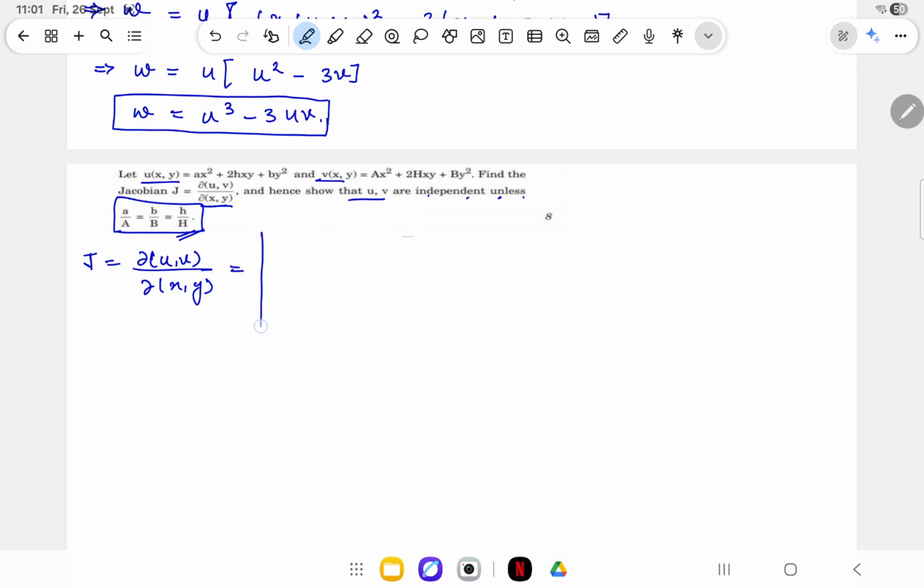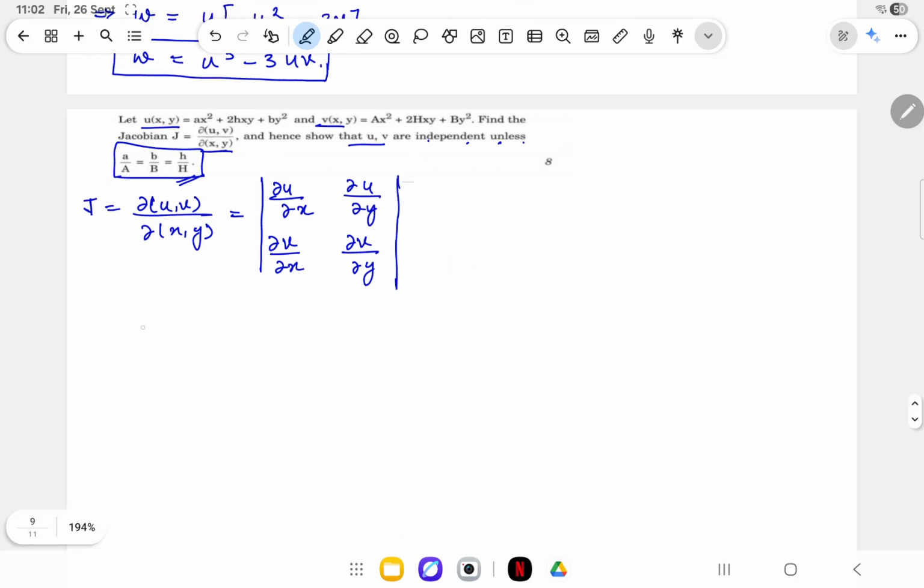So it will be del u by del x and del u by del y, del v by del x and del v by del y. So if you solve it, our u is a function of x, y, so del u by del x will be del by del x of ax square plus 2hxy plus by square.